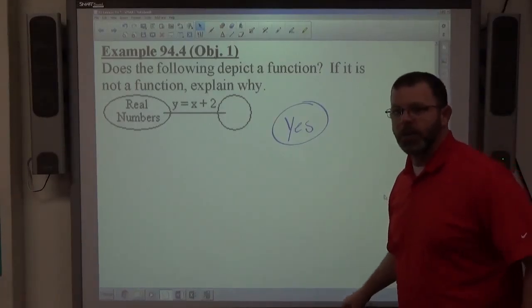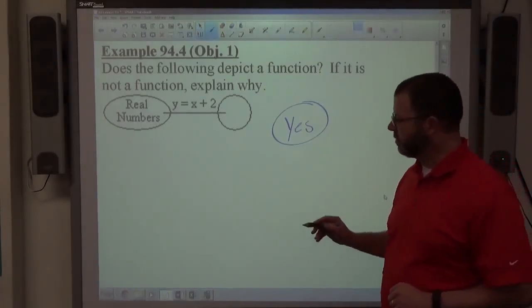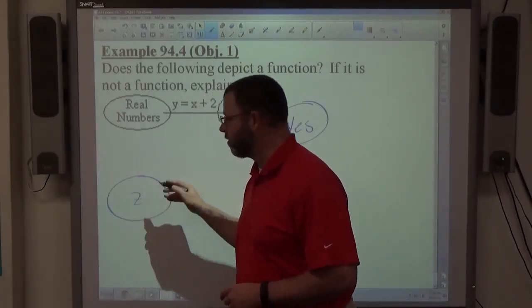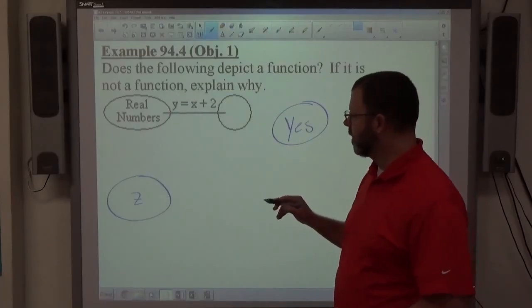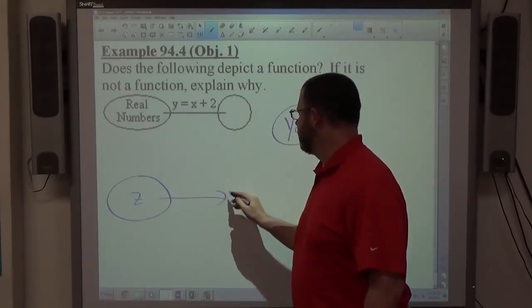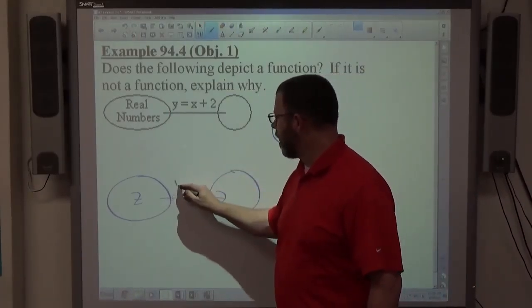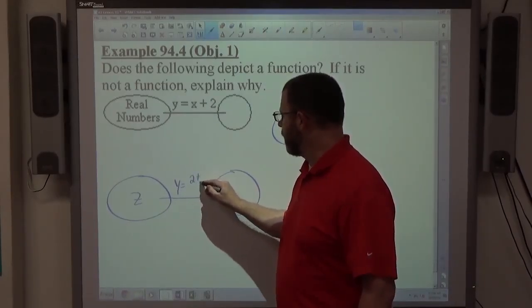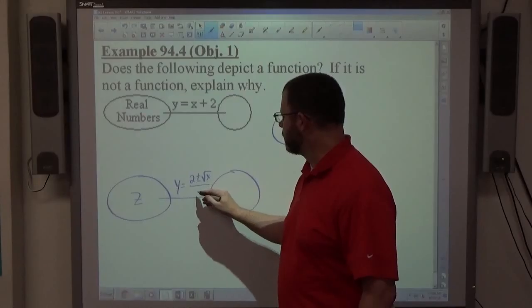Let me give you an example, one that's infinite that's not a function, just so you can get an idea of this. Let's say this is just integers. It doesn't matter what this infinite set is. Okay. And let's say y equals 2 plus or minus the square root of x over 7.